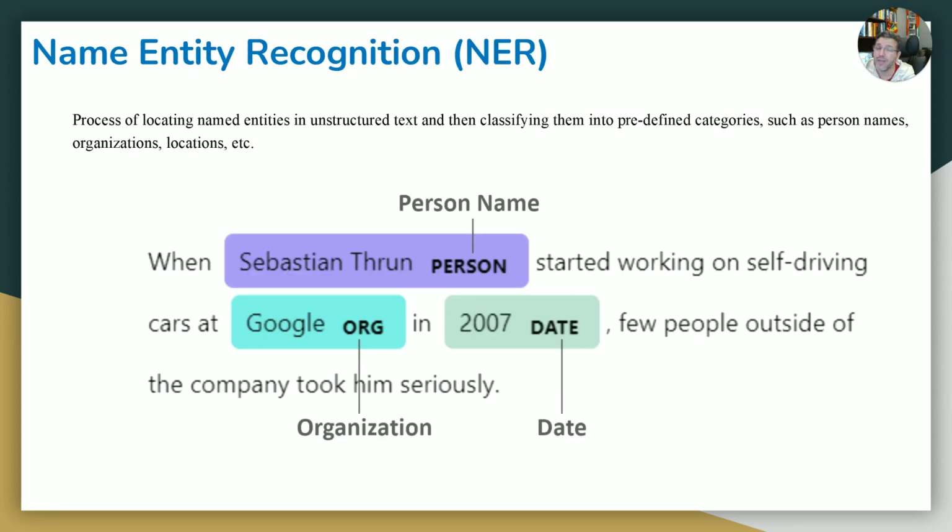Another thing we might need to consider when working on an NLP project is named entity recognition, which is recognizing the entity. When we are looking at a token, we need to recognize the true nature of this token. Is it a person? Is it an organization? Is it a name? Is it a date? Is it a place?